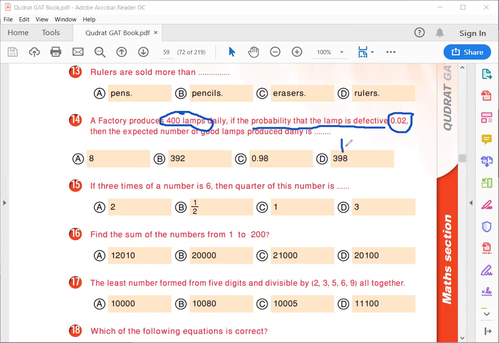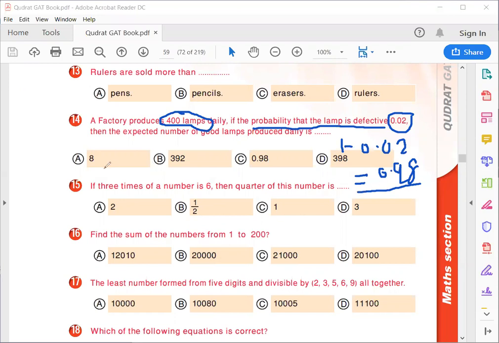You subtract from 1: 1 minus 0.02 equals 0.98. So I find the probability that the lamp is produced.